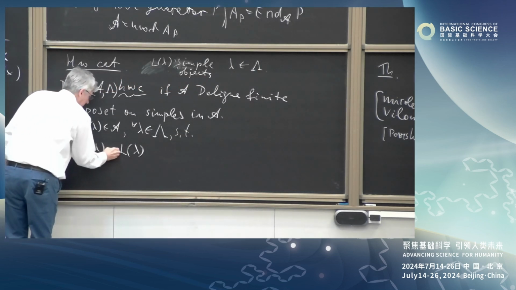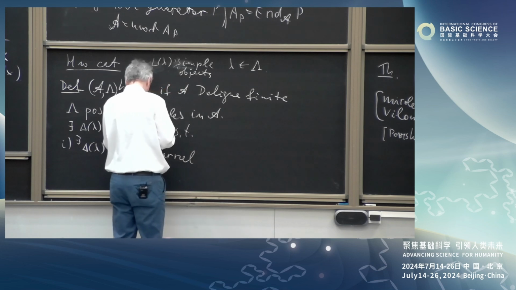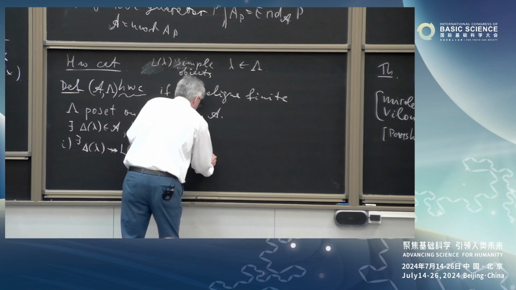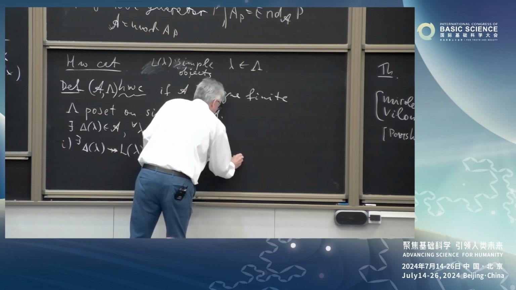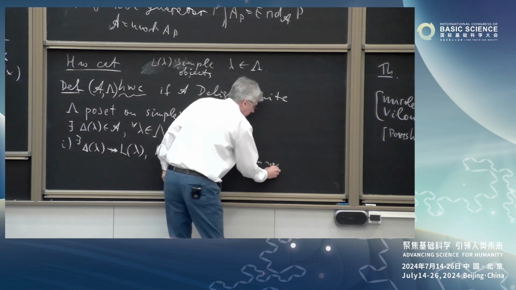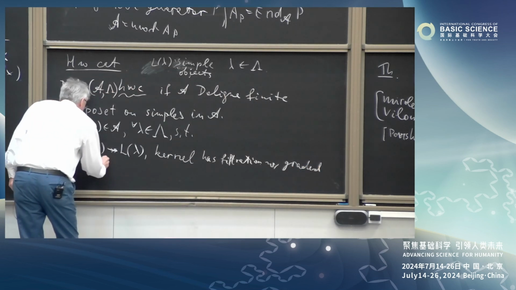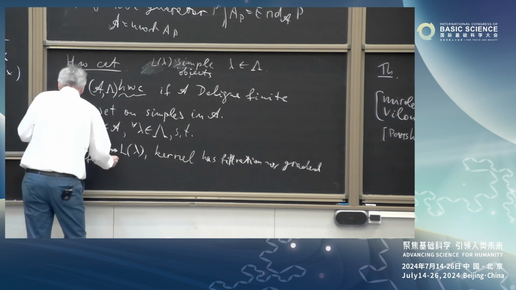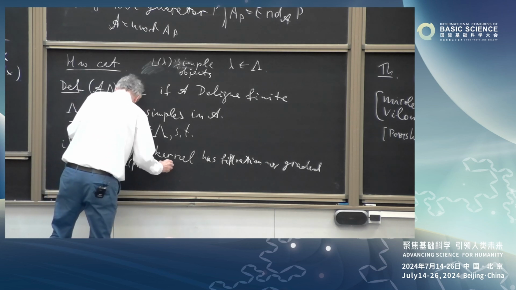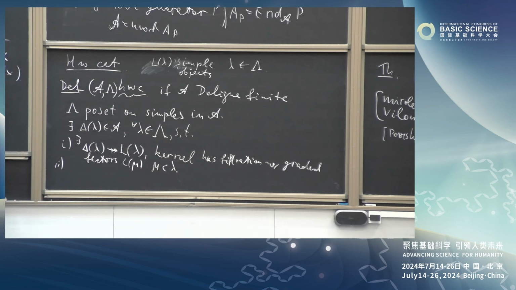So this is an epimorphism such that the kernel of this morphism has a filtration with graded factors L of mu, simples, such that mu is less than lambda. That's one condition.